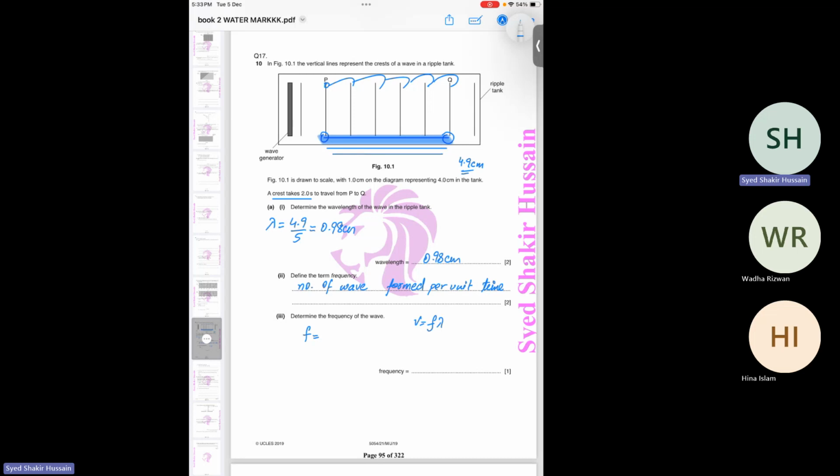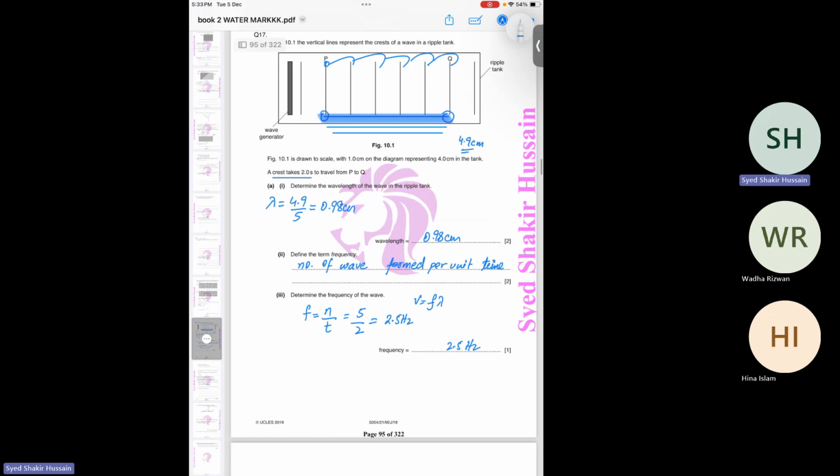So frequency is the number of waves in a unit time. Number of waves formed is 5. What is the time taken? 2 seconds, right? So what would be the answer? 2.5 hertz, right? 2.5 hertz. All right.